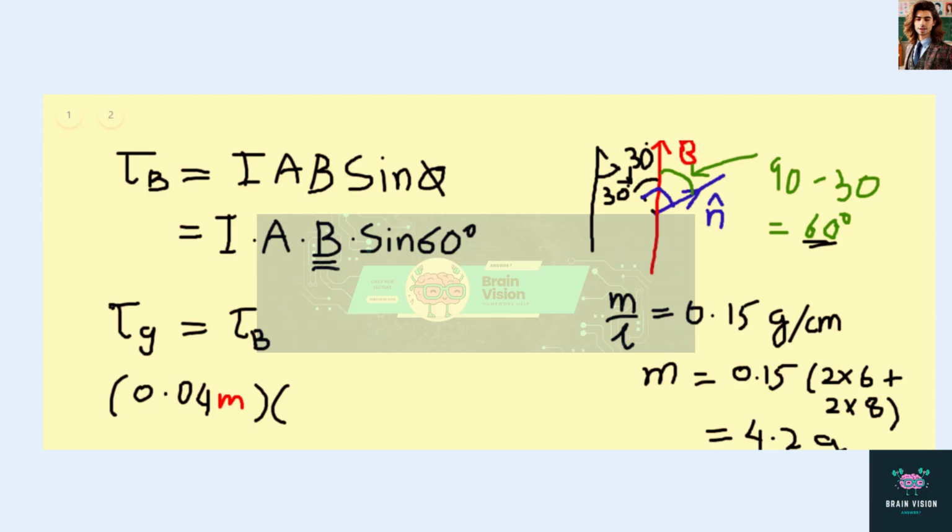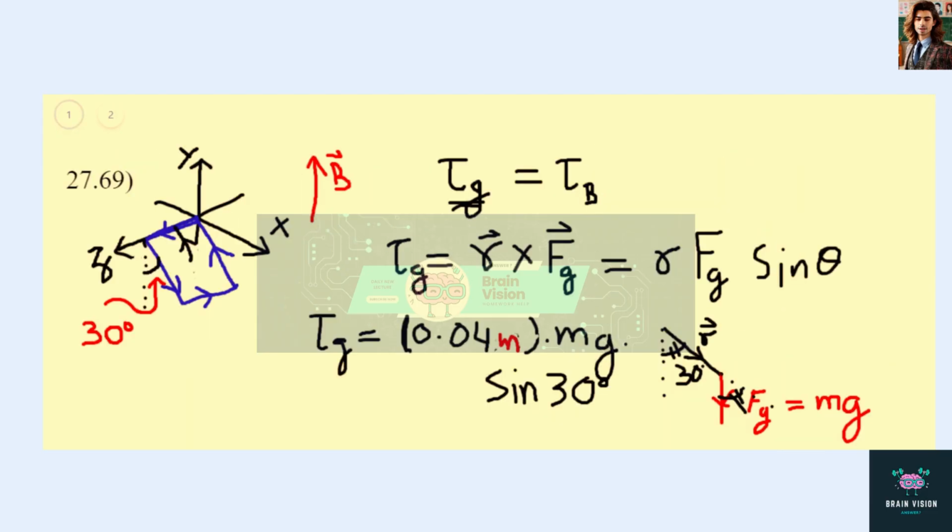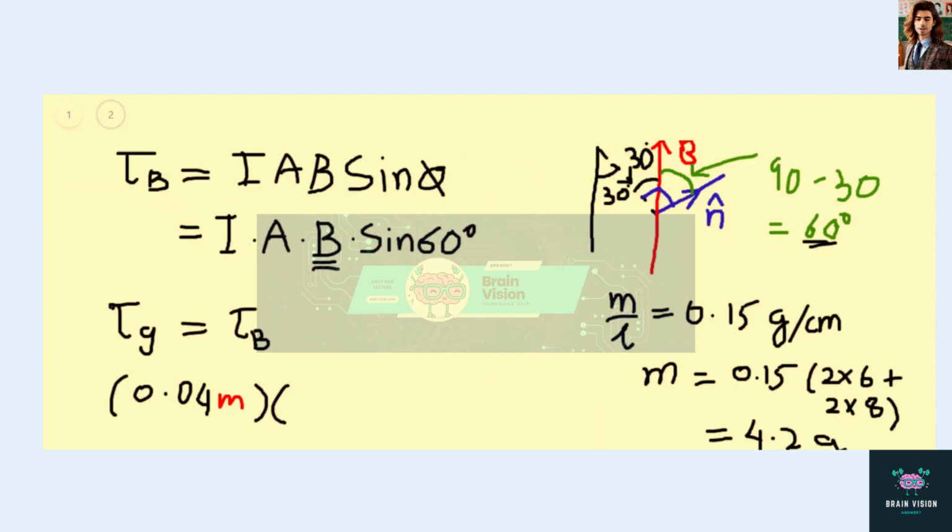That's what I want to put in for M. In proper units, that's 4.2 times 10 to the minus 3 kilograms.